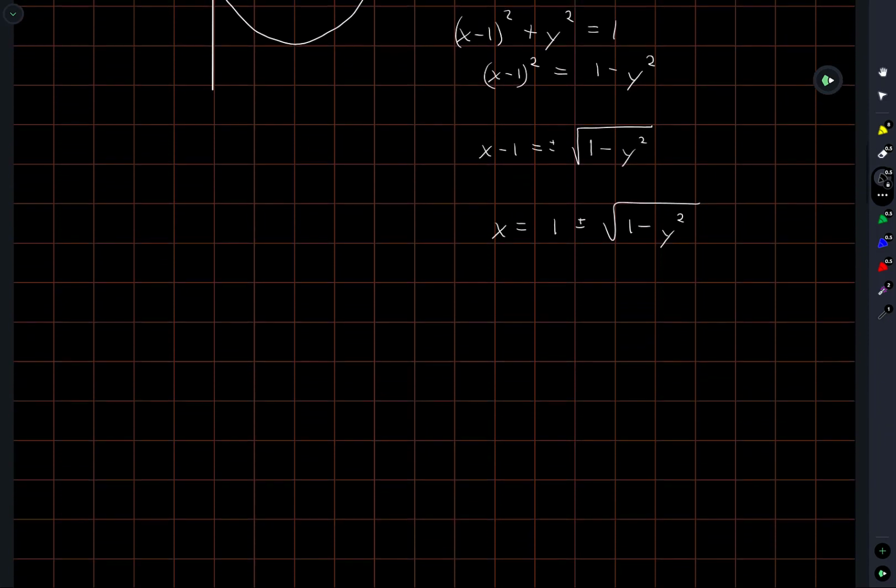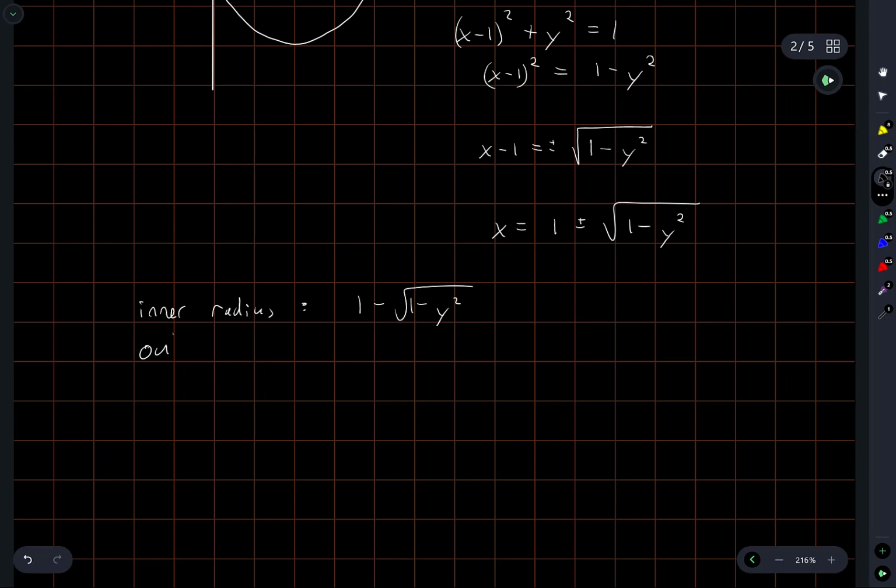Okay, so let's do it like this. The inner radius is 1 minus this expression. The outer radius is 1 plus this expression.